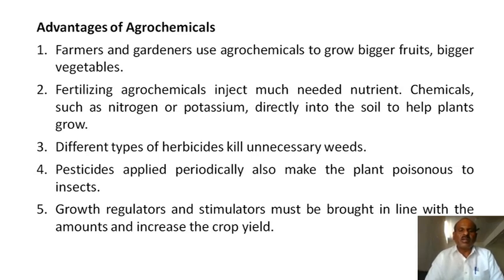This is common in areas where herbicides have to be used. Pesticide is applied periodically to make the plant poisonous to insects. Generally it is not used just one time; different types are used. Insects have to be killed so the plants or fruits can be preserved.